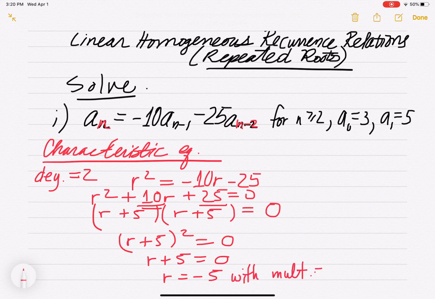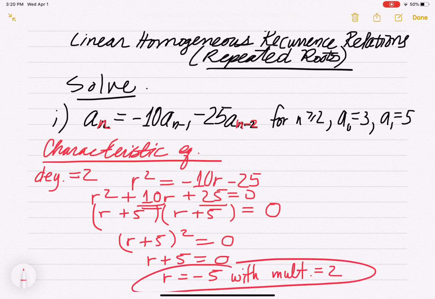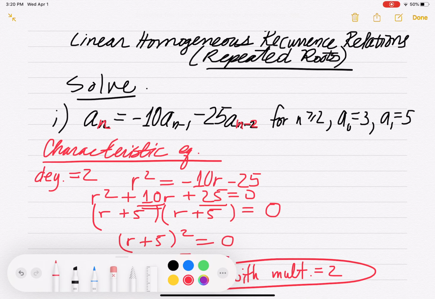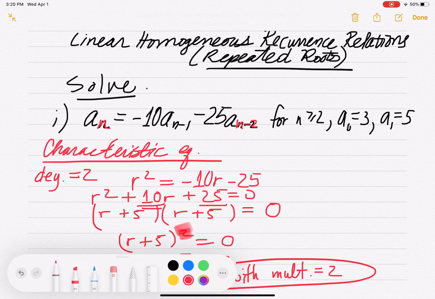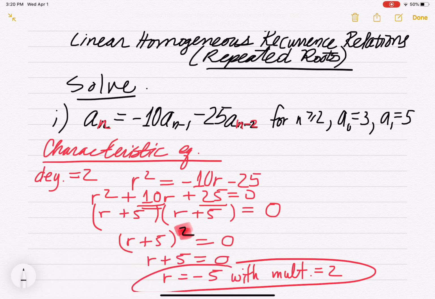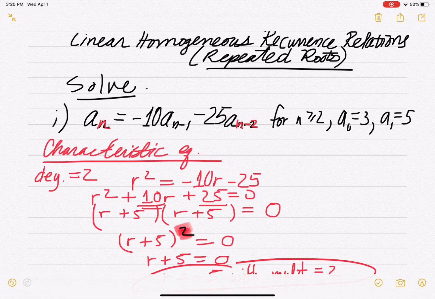Because it happened twice, you see the square back there. That root has multiplicity 2, so it's two copies of that root.